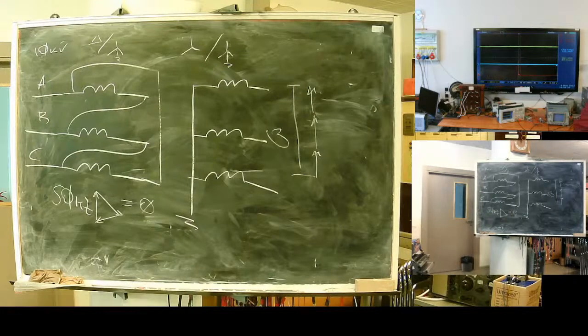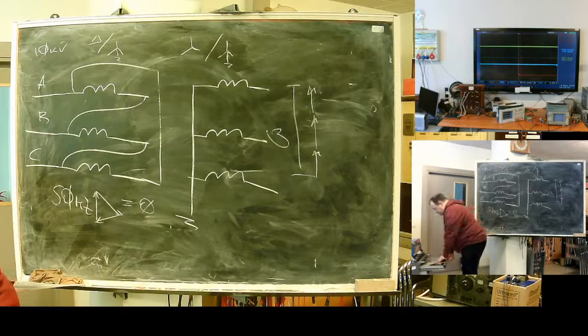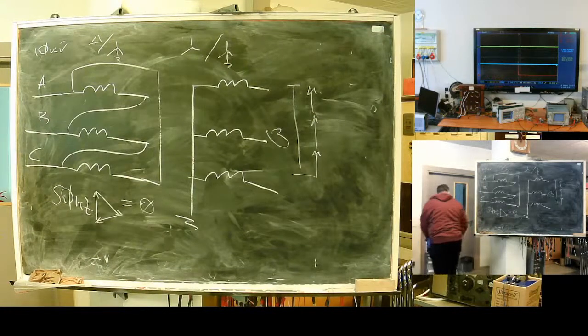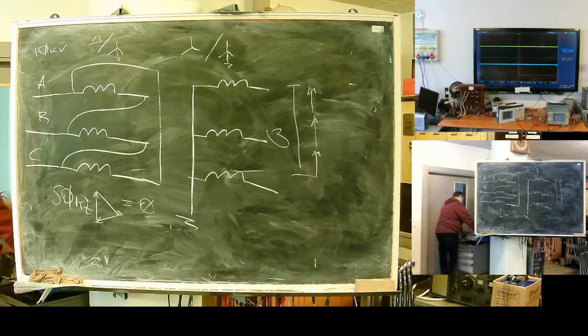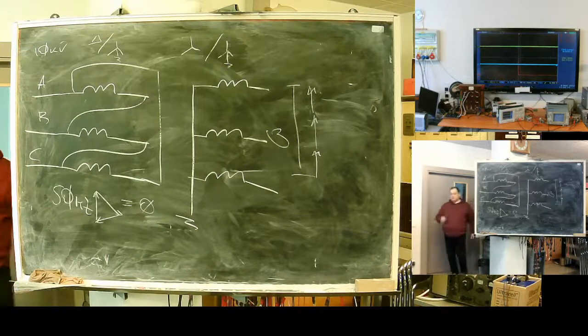So, conclusion: a power transformer with a steel core is a natural source of the third harmonic. And the flow of the third harmonic is an important factor in the performance of the distribution network.